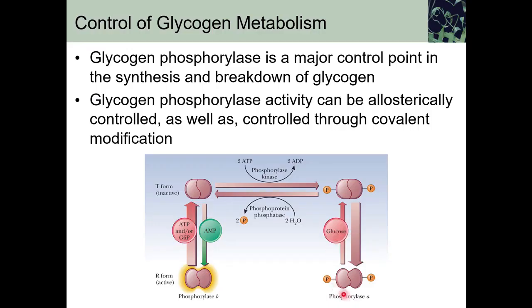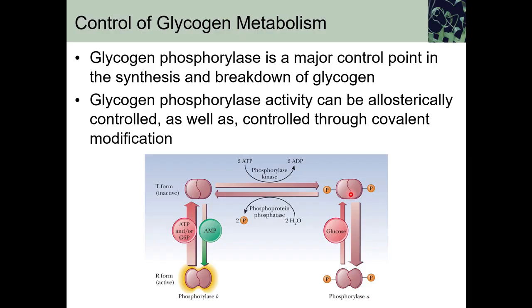The glucose inhibits the activity of phosphorylase A, and it encourages the conversion of the R form, the active form of phosphorylase A, to the T form, the inactive form of phosphorylase A. And this is happening in the liver.